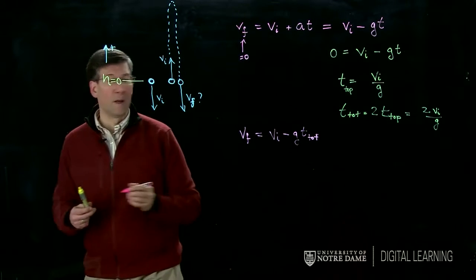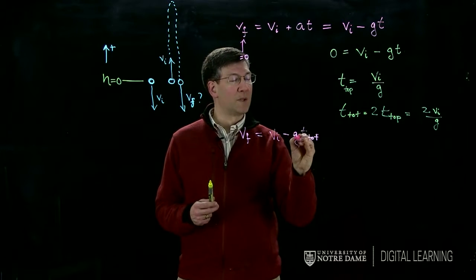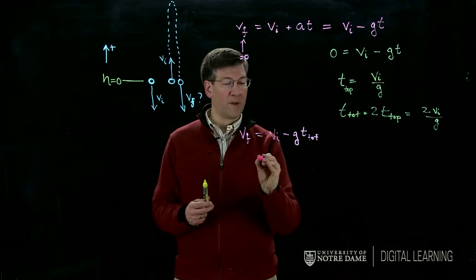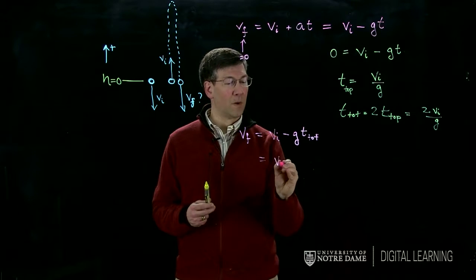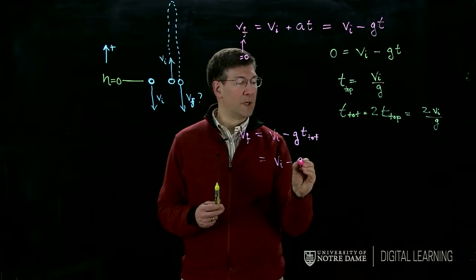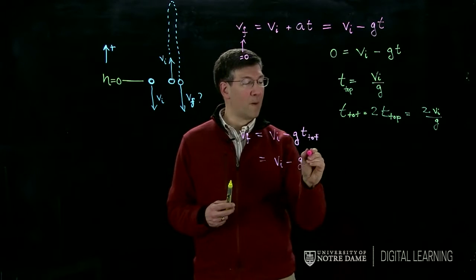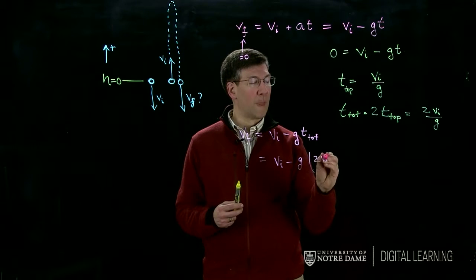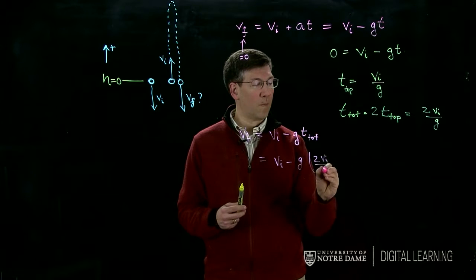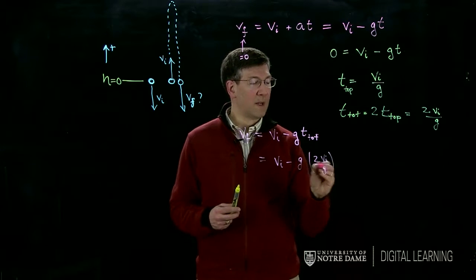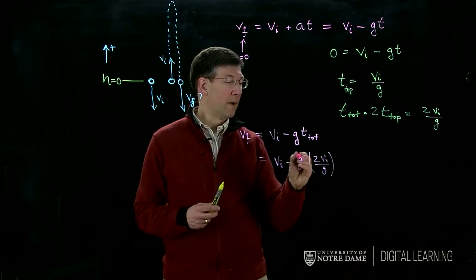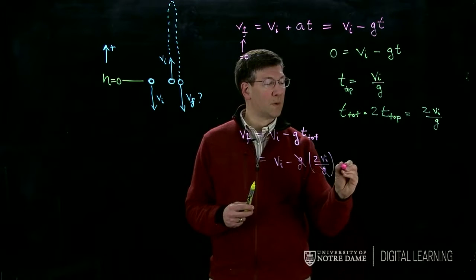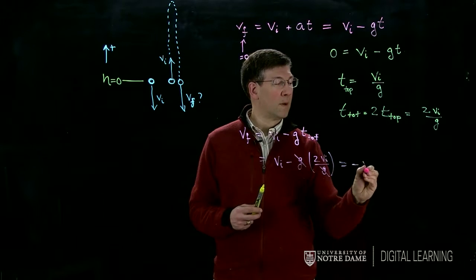If I plug in the expression that I just calculated for the time here, then I can write that v final is equal to v initial minus g times this time over here, which is 2 v initial divided by g. And so you can see that magically the g's cancel out here.